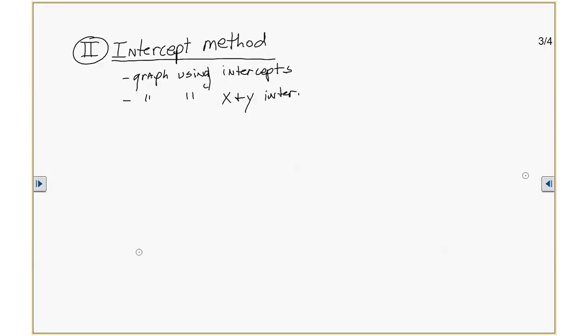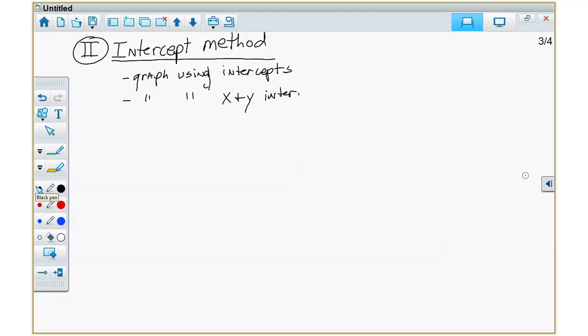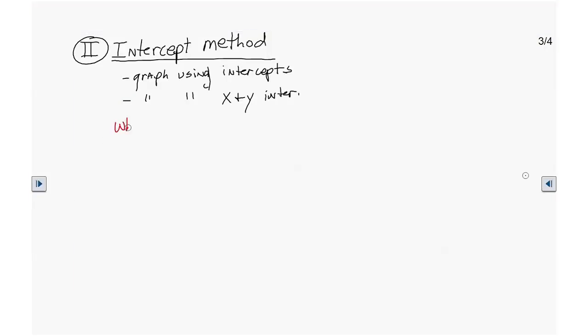Okay, it's going to say one of those two things. So if the directions say graph using the X and Y intercepts, you have to use this method. When do you use it? When Y is not by itself.